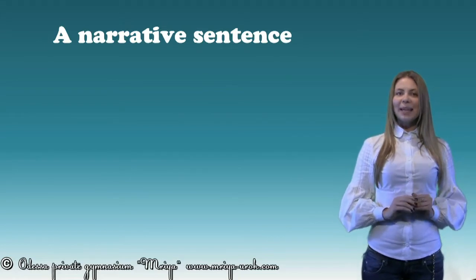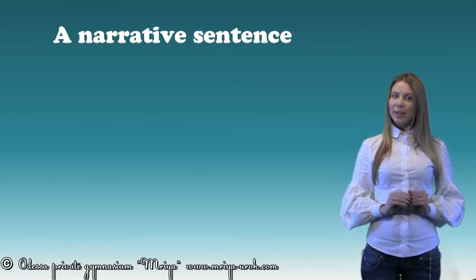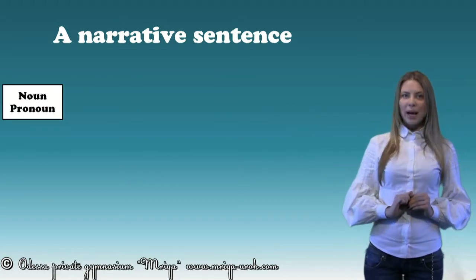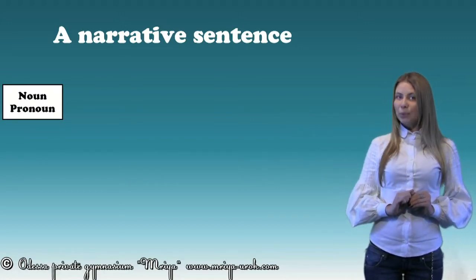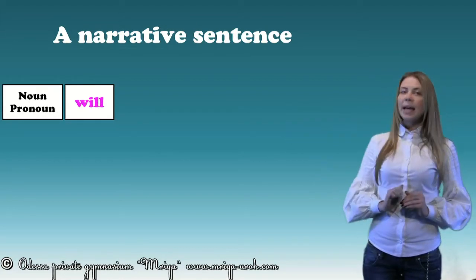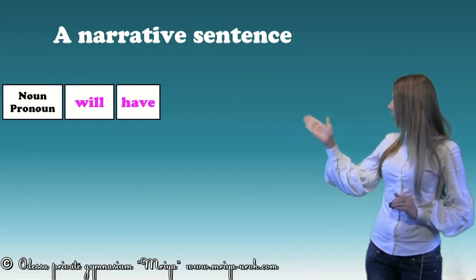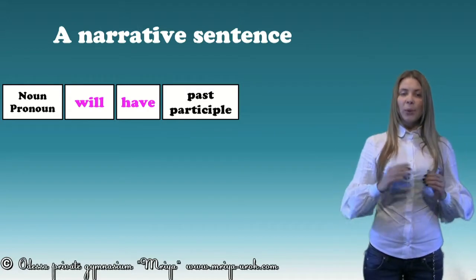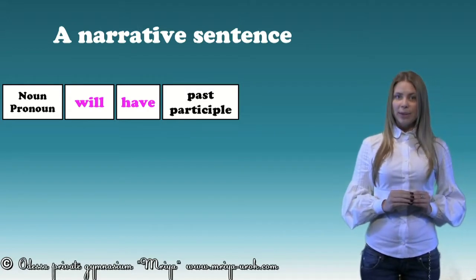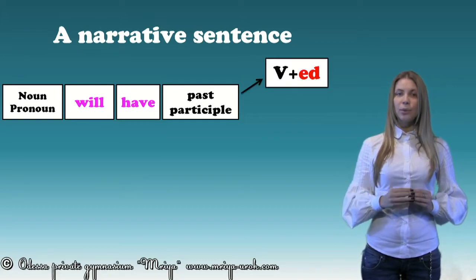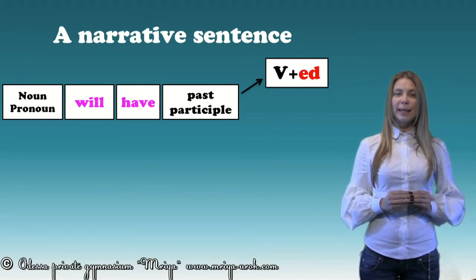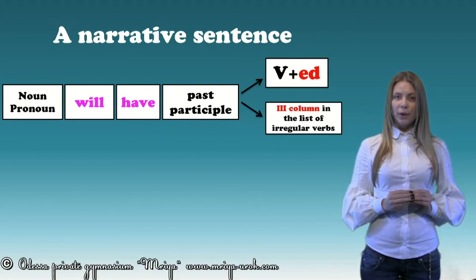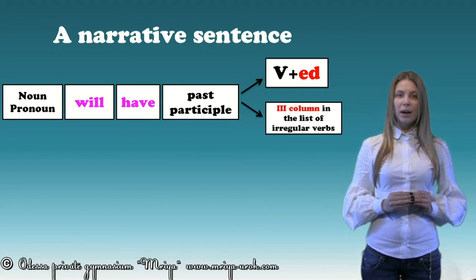In order to make a narrative sentence, on the first position you have to put your noun or pronoun. Then you have to put will, then you put have, and past participle. So, if you have a regular verb, you put ed ending to it, and if you have the irregular verb, you have to look in the list of irregular verbs and find the 3rd column.